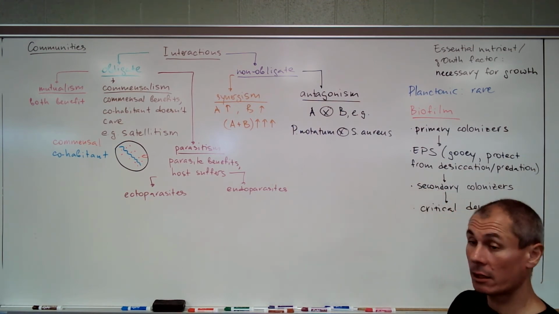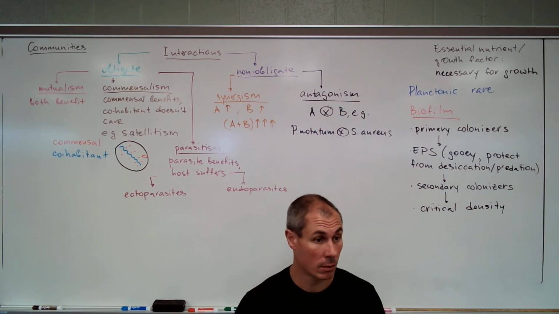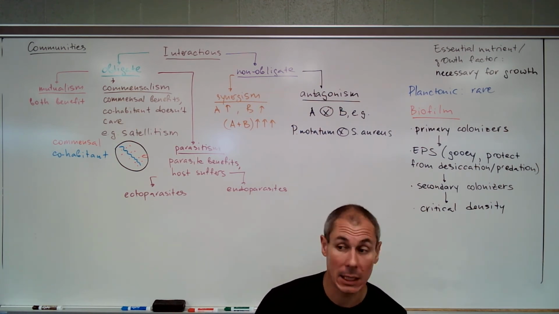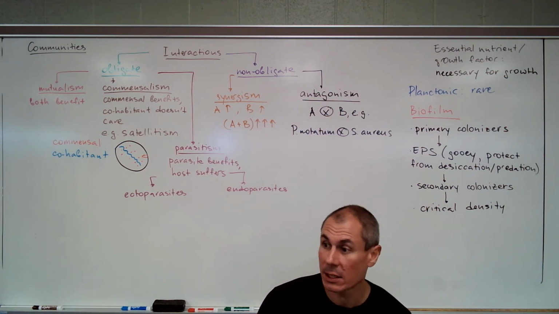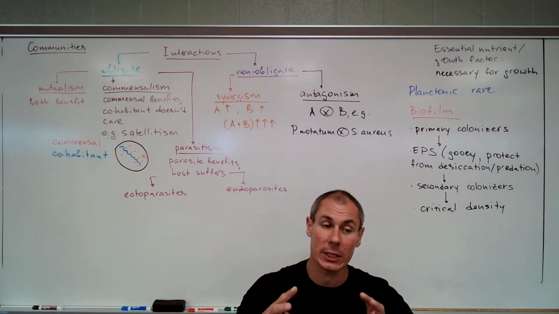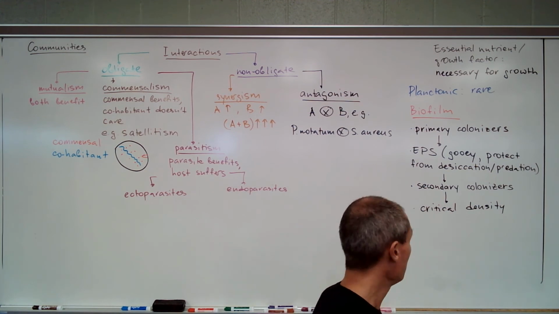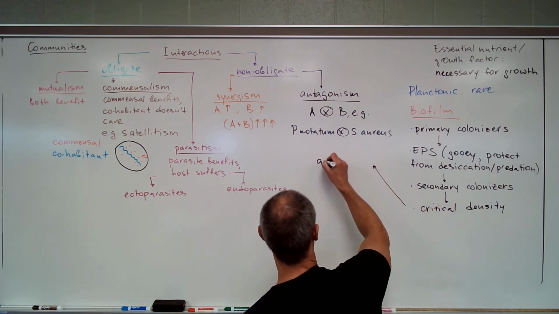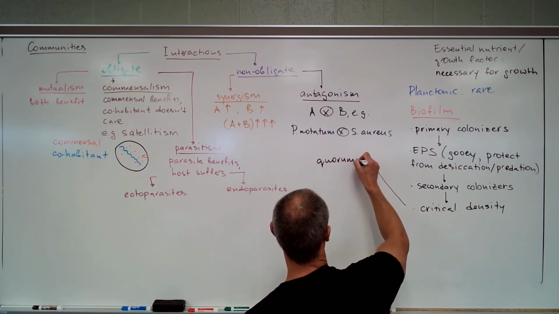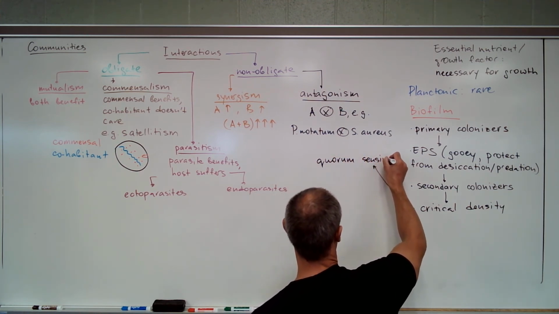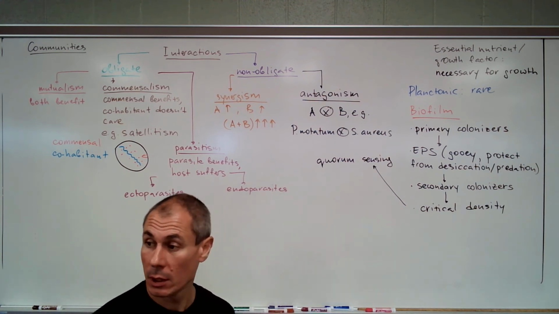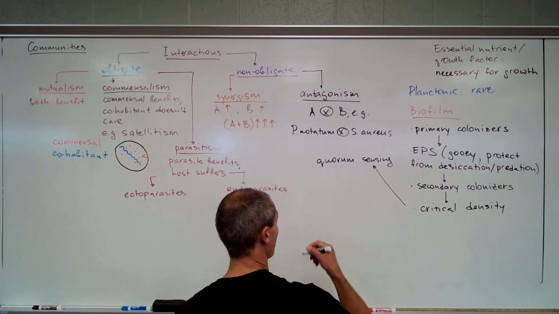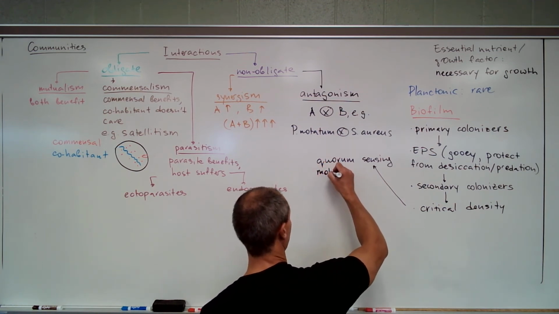Okay? And at this critical density, microbes start sensing each other. Well, they sensed each other before, but at a certain density of the population, the event known as quorum sensing starts happening. So at this critical density, microorganisms produce quorum sensing molecules.